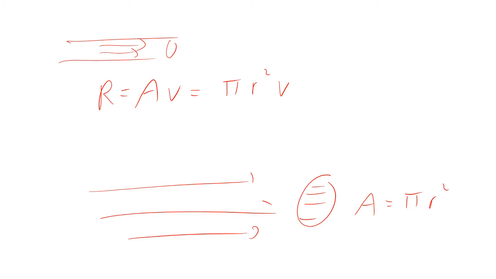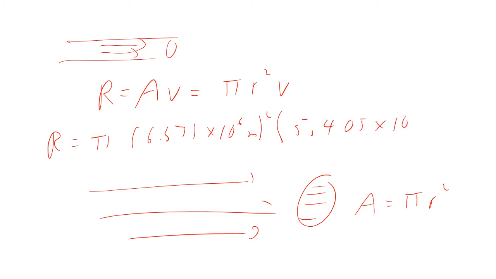And so if we get the volume per second coming in there, then we look at that and say, okay, so that's going to be equal to pi times the radius of the Earth, 6.371 times 10 to the 6 meters, squared, times 5.405 times 10 to the 5th meters per second, and so that comes out to be 6.95 times 10 to the 19th cubic meters per second.